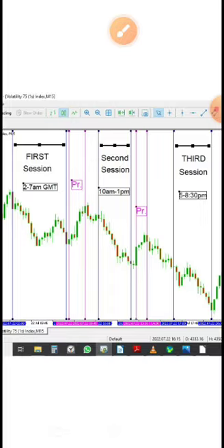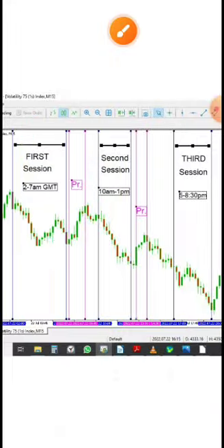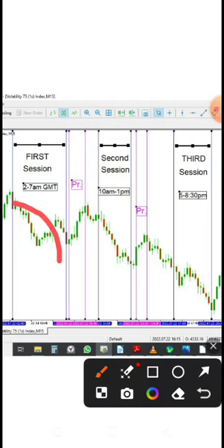With synthetic indices, especially volatility indices and the step index, you can use the first open session to predict your daily bias. From the beginning of the 2 a.m. GMT candle, if it moves further down more than it moves higher, you would have predicted a bearish daily bias.